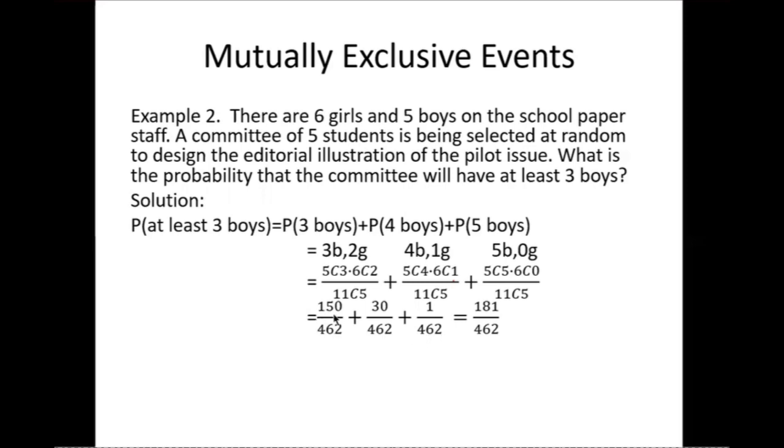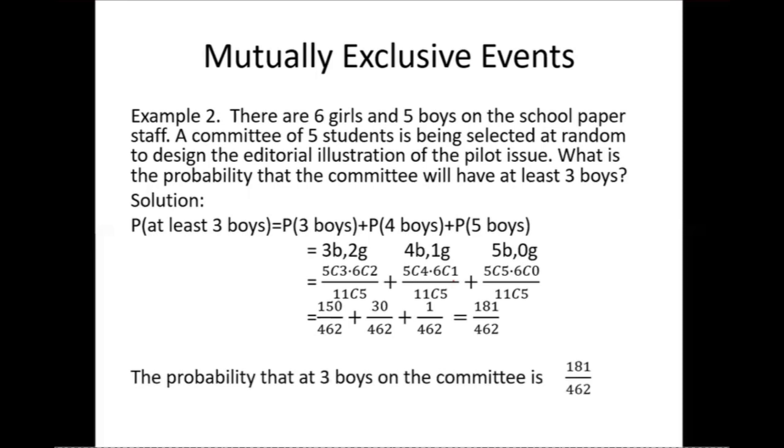Therefore, 150 over 462 plus 30 over 462 plus 1 over 462, we have a total of 181 over 462. Yon ang magiging probability natin that the committee will have at least 3 boys. Okay?